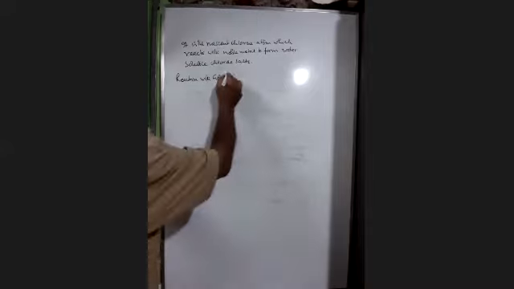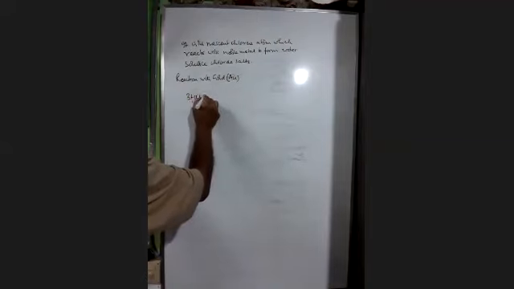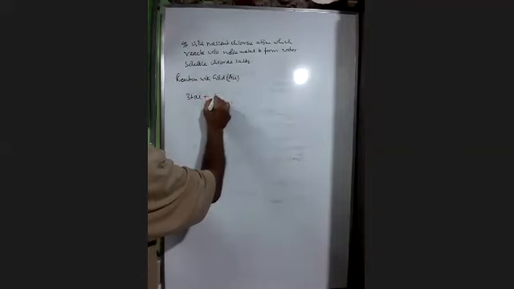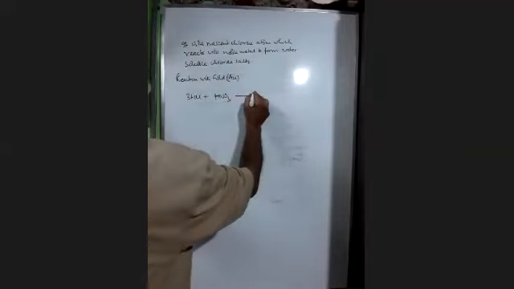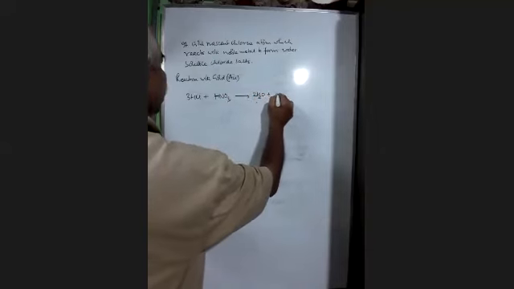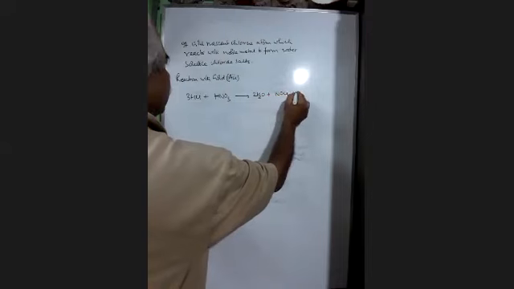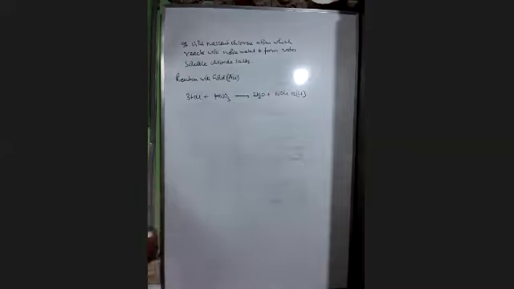First I'll write: 3 HCl plus HNO3 gives 2H2O, NOCl plus 2 chlorine.